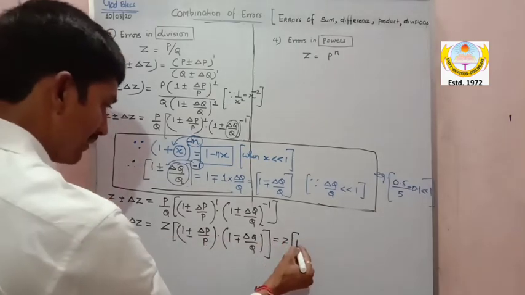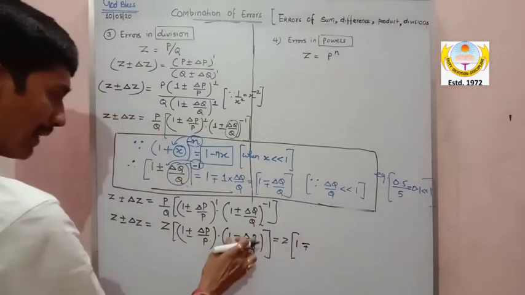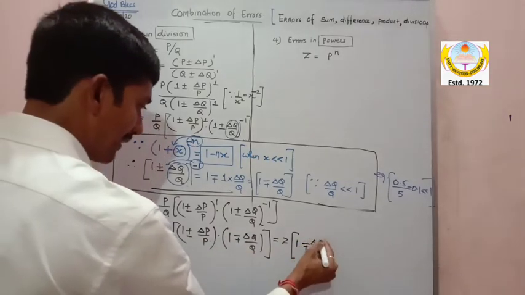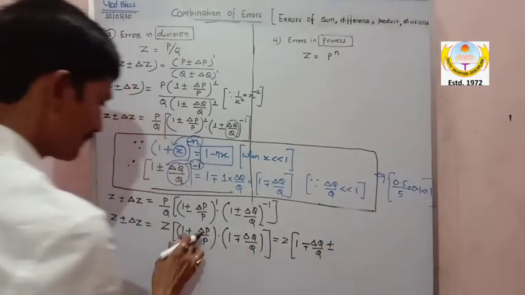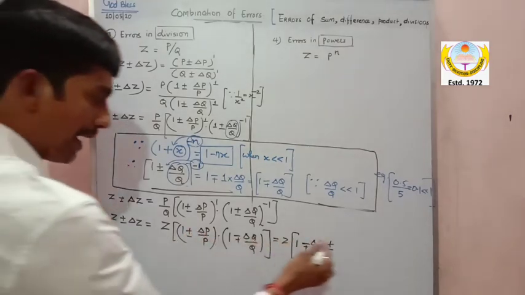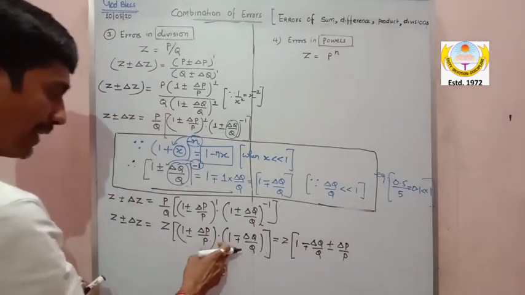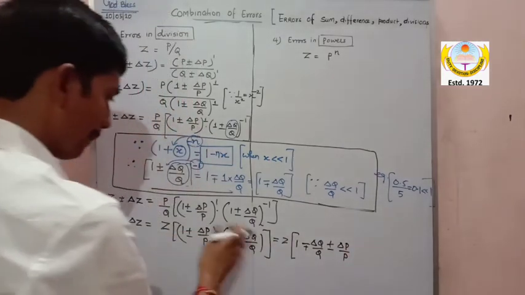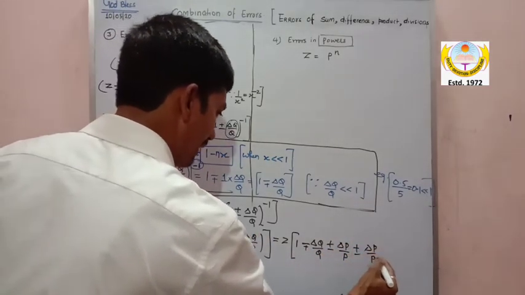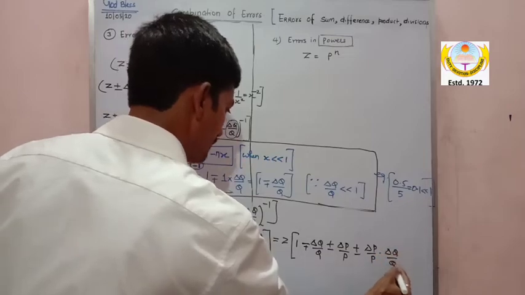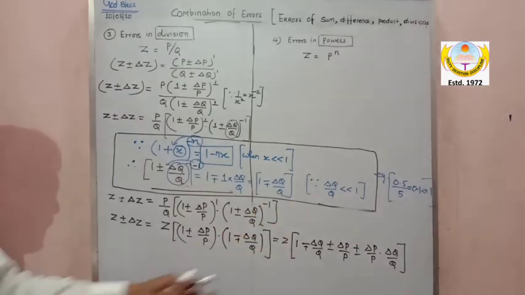So here it is 1, and then it is minus plus delta Q by Q, when 1 gets multiplied to this expansion. Then plus minus delta P by P gets multiplied to 1, delta P by P into 1, and here, my dear, it is plus minus delta P by P into delta Q by Q. That is the multiplication of this with this.